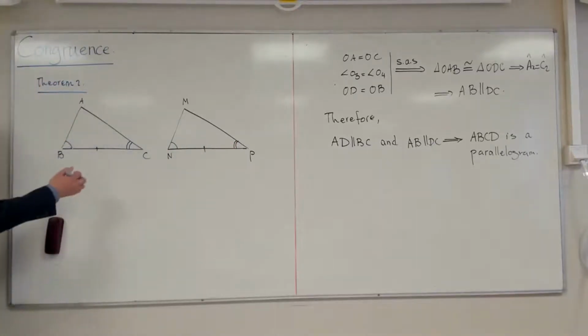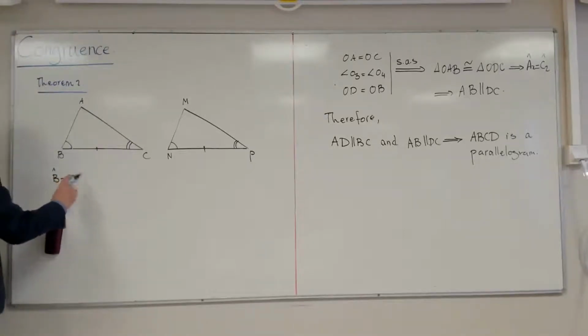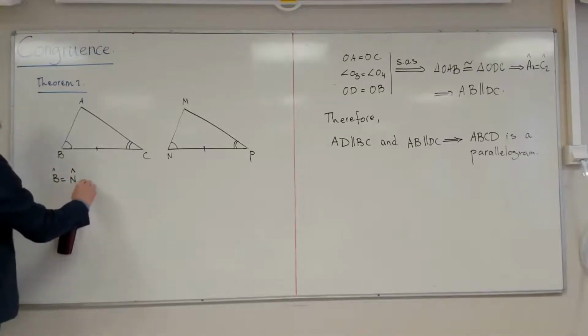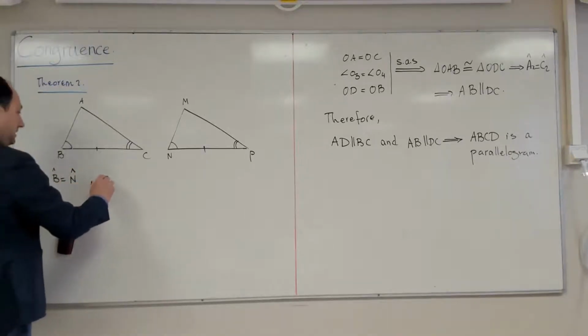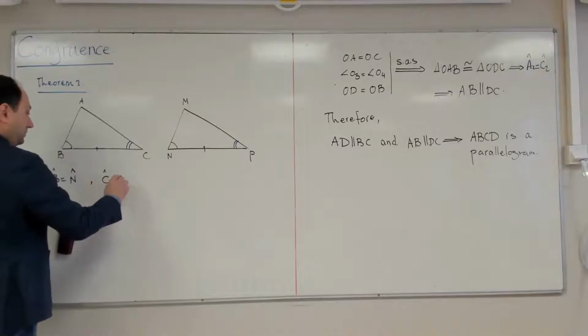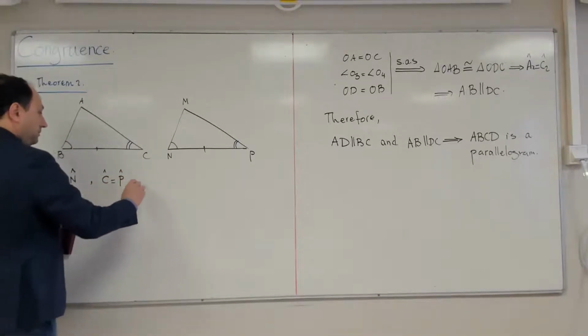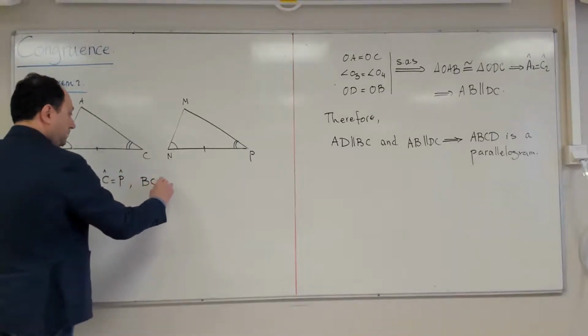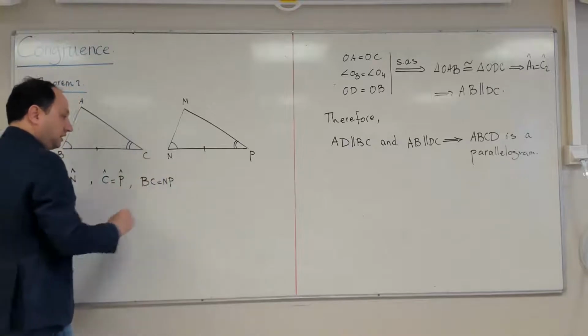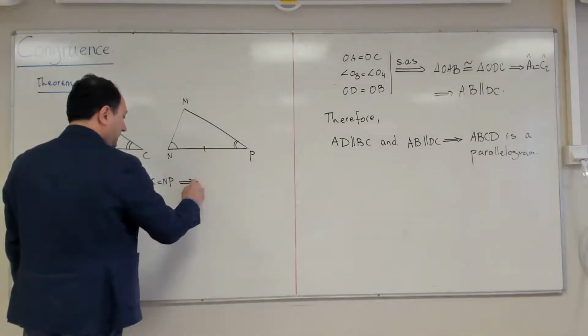So the point is that if someone tells me that angle B is equal to angle N, and angle C is equal to angle P, and BC is equal to NP, it is enough. I don't need to check others.